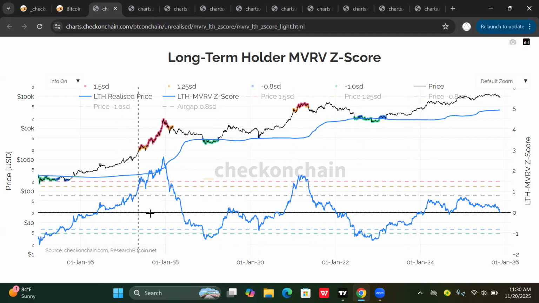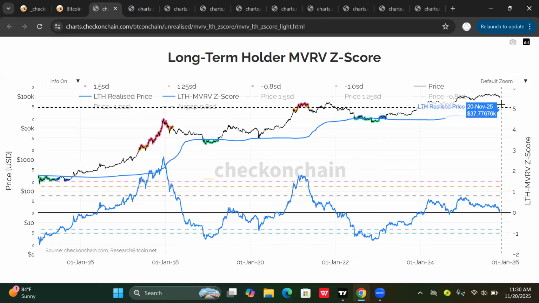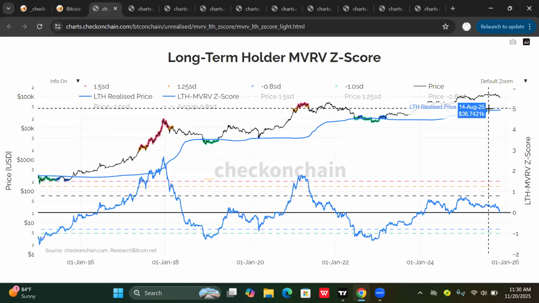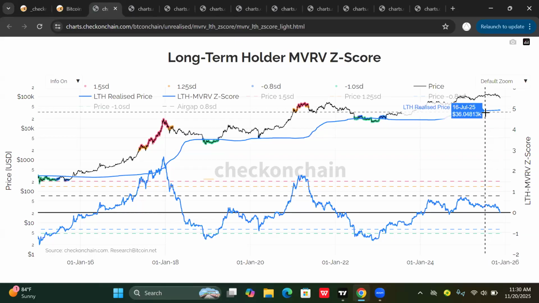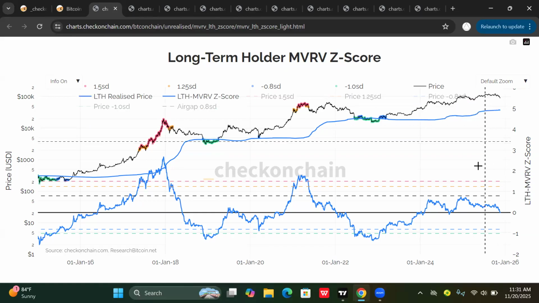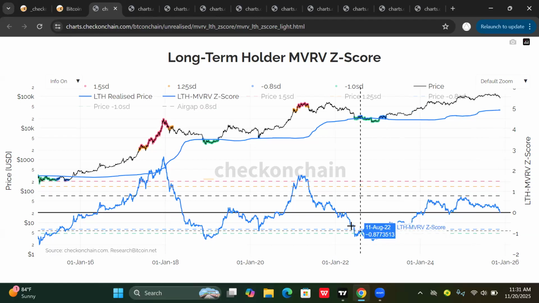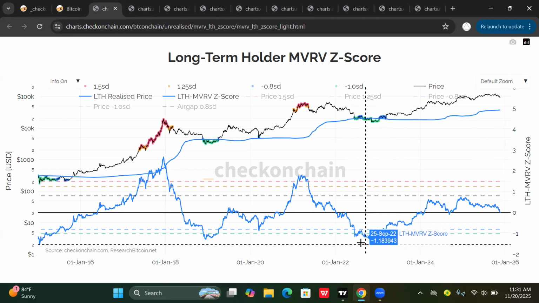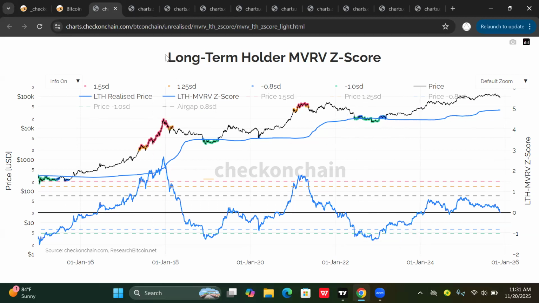Okay, when we see spikes, we're still a little bit far from this line. There's another metric that when we get to this line, realized price, we are going to get a flip, or when people go below the zero line, fine, right? Long-term holders are fine.